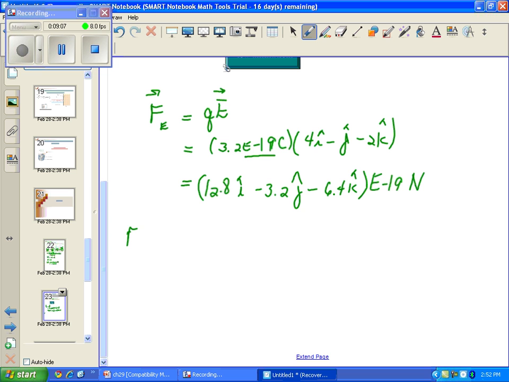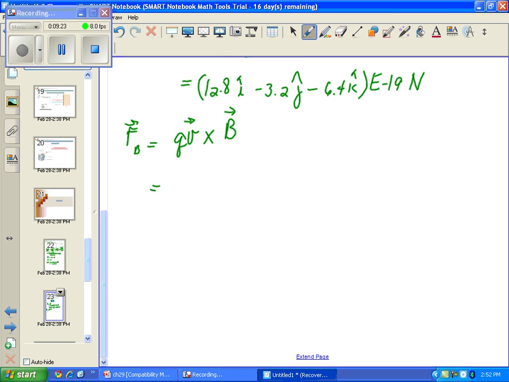Next, we want the magnetic force. Here, we have to do a little bit more work because we have Q times V, and that multiplies vectorially, vector product, with B. So, let's start out. Q is 3.2 e to the minus 19.